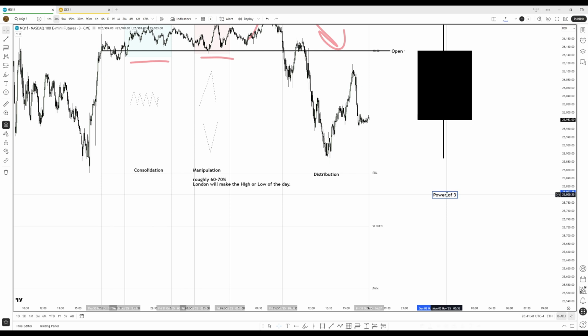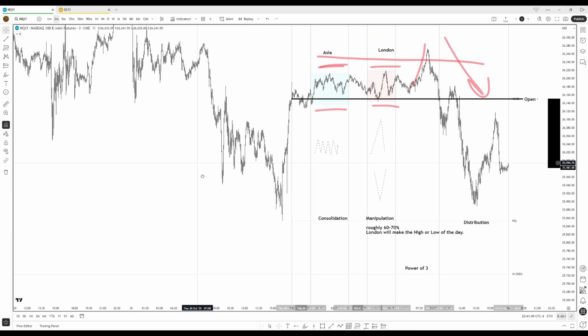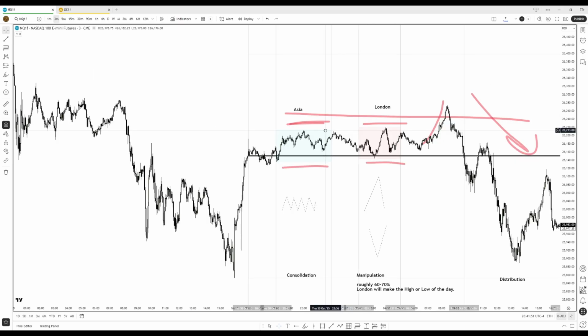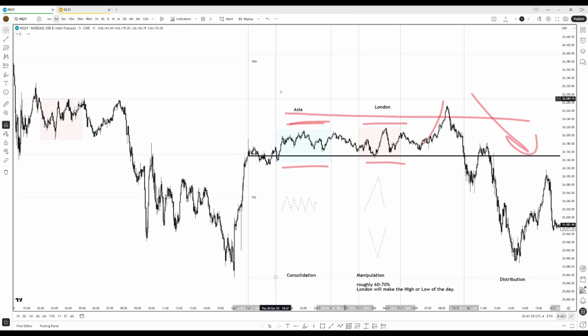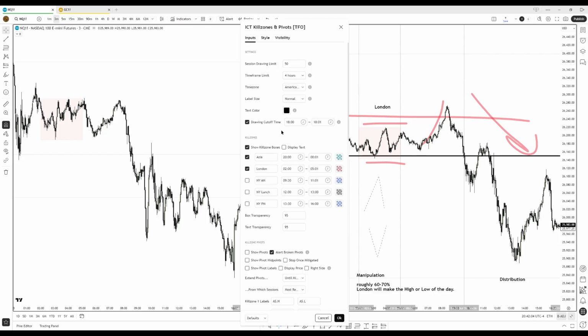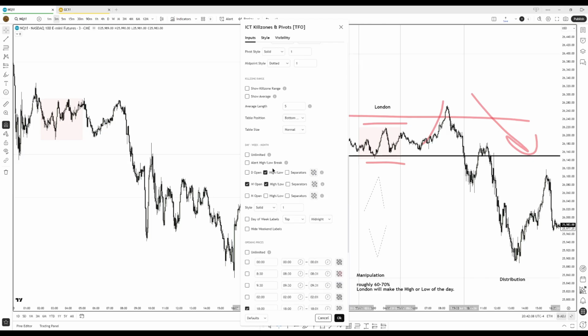This is the power of three because there are three specific phases in the markets that happen every day, right? So if we go back in time, what would be good? I'm going to put like 50 back. And I'm also going to put a vertical line for the days. Opening price? No, I don't want opening.